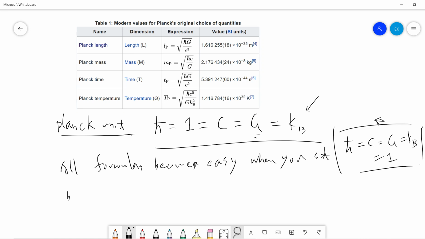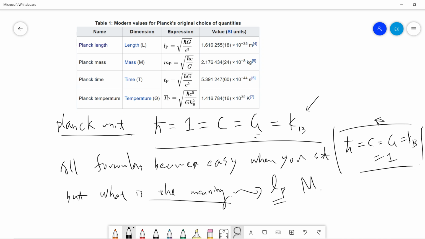But what is the meaning of this? The meaning is that if you set all to be 1, then there's a conversion. Basically you're living in the Planck length, the Planck mass, the Planck time, and also the Planck temperature.